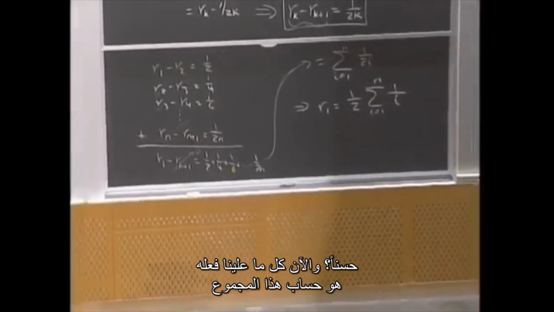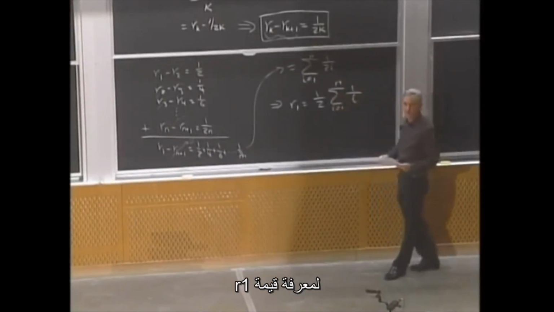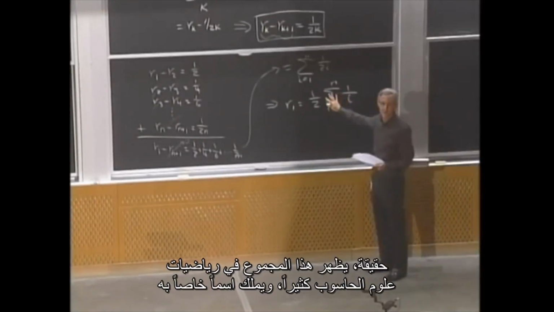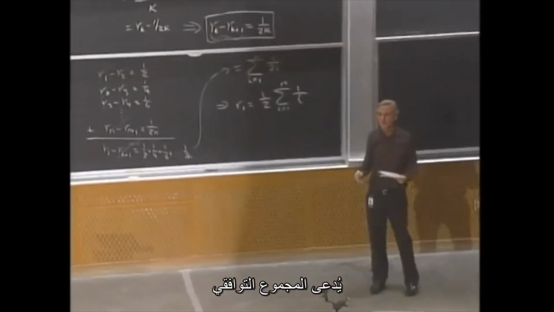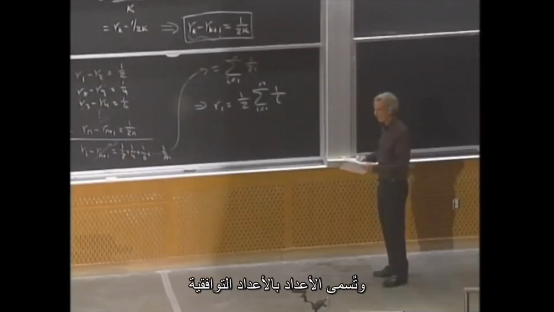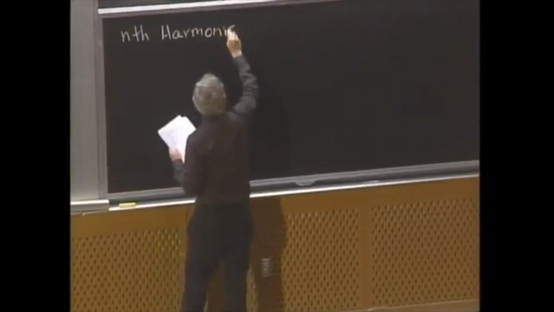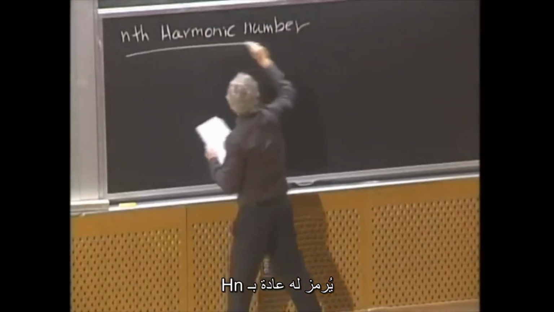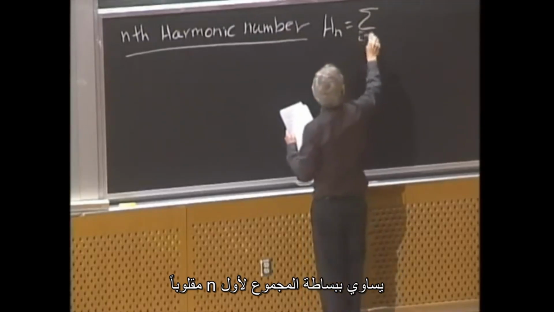Okay? And so now all we have to do is to compute this sum to know how far out it is. In fact, this sum comes up so often in mathematics and computer science that it has a special name. It's called the harmonic sum, and the numbers are called the harmonic numbers. And in particular, the nth harmonic number is typically denoted Hn, just equals the sum of the first n reciprocals.